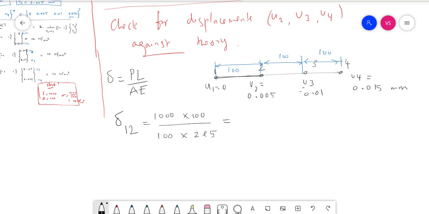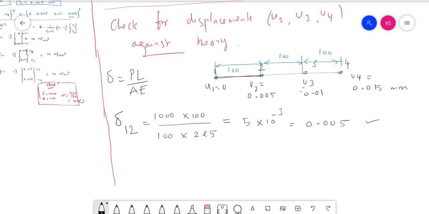So I have 1000 over 2E5, which will be 5 times 10 power minus 3, which is nothing but 0.005. So we proved our answer with the answer we must expect from theory. Now similarly, you can do for 2 3, you can do for 3 4, like that.